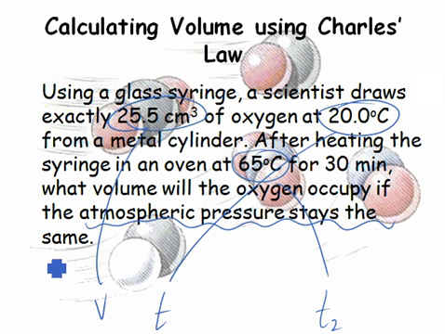This is important to recognize: you cannot use Charles' law if you do not have a constant pressure. So we have the initial volume, the initial temperature, and the final temperature. What we're looking for is that final volume.